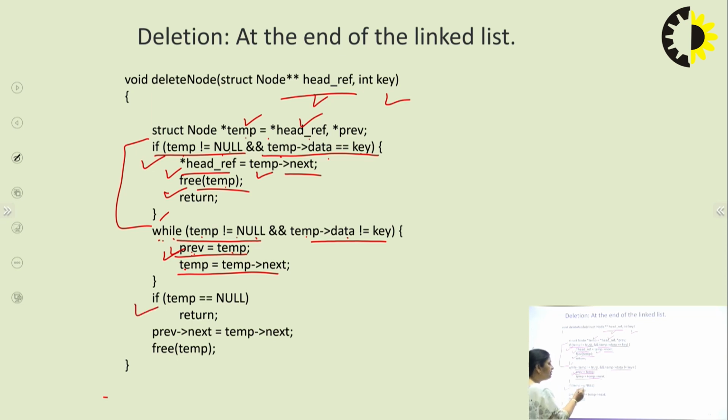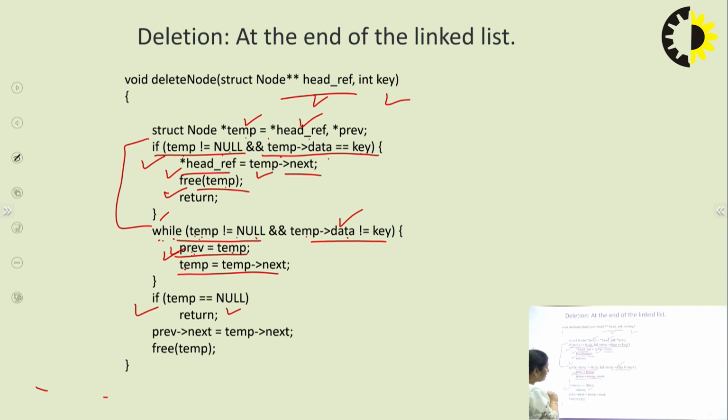Now if temp is null, it means this while loop has stopped because of the end of the linked list, so we'll simply return. Otherwise, we have got a node which has this particular key value.